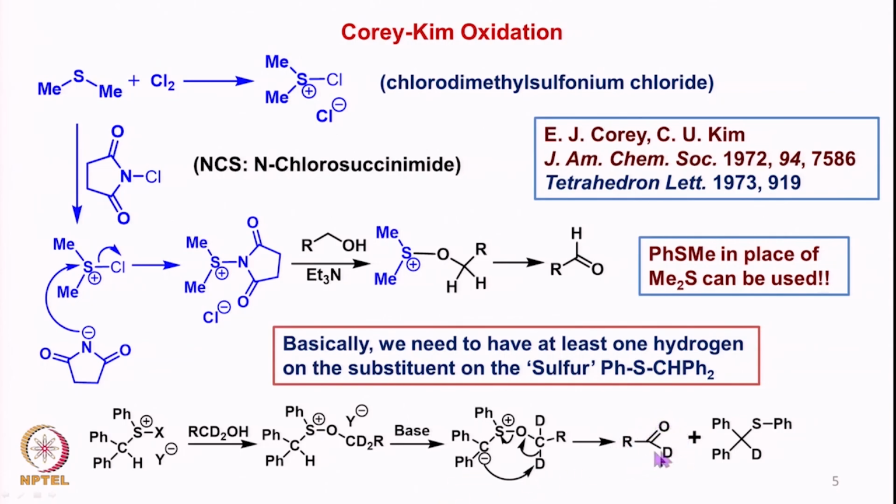And of course it would lead to the formation of this diphenyl sulfide containing a deuterium here, because a deuterium has moved from here to here, and this sulfur oxygen bond has broken, therefore we get this particular sulfide. So this is how the Corey-Kim oxidation takes place.